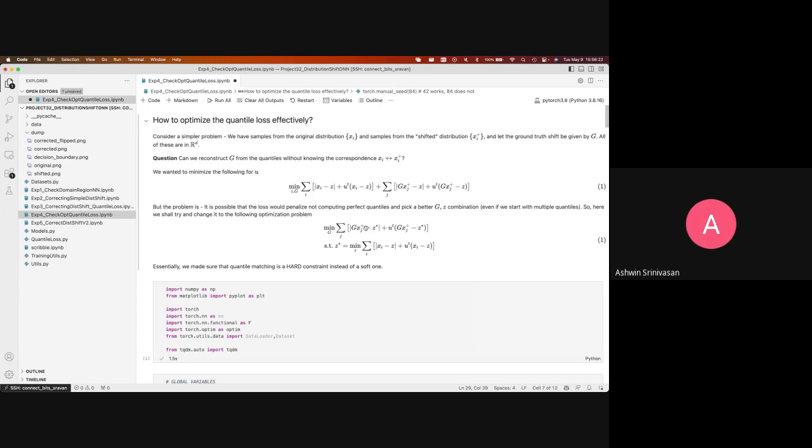Okay, so now what happens when you do this domain adaptation problem, you go to the second hospital, and you don't have the data from the first hospital, which is most likely the case?